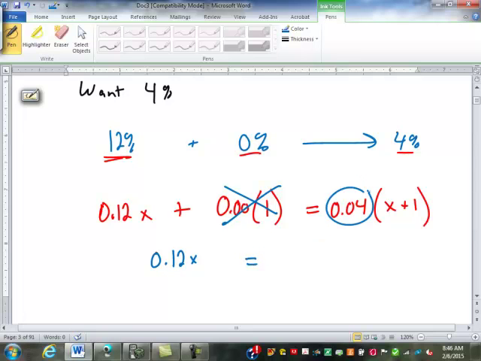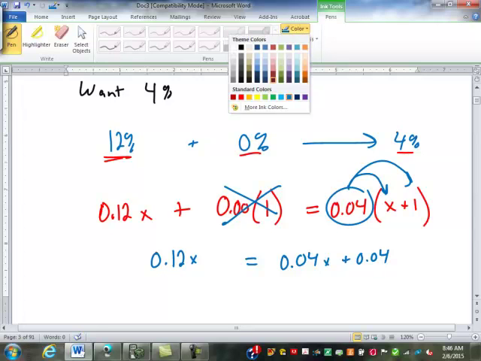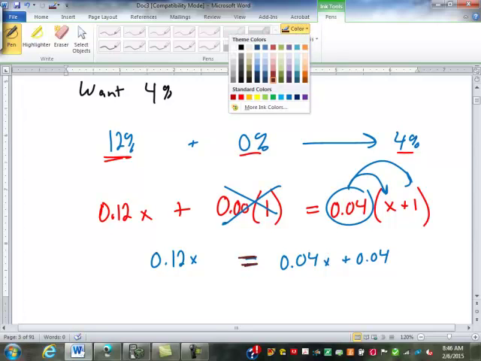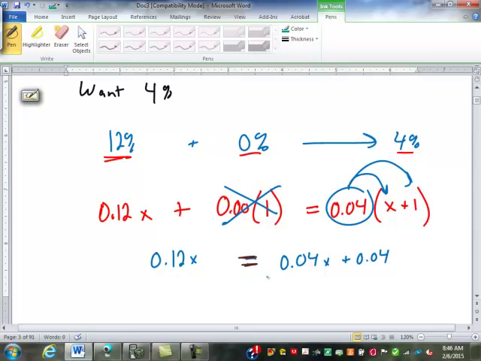Equals 0.04 times x is 0.04x. 0.04 times 1 is 0.04. And now we have an x on each side. Again, here's our equal sign. There's an x on each side, so we need to get rid of 1. The smaller one's 0.04, so that's the one we're going to get rid of.